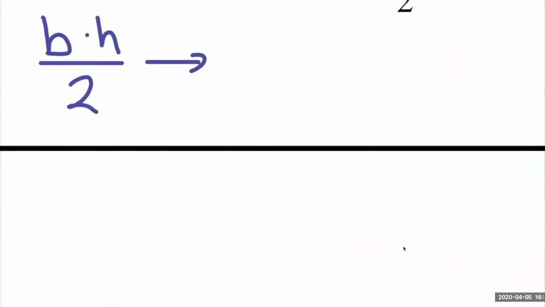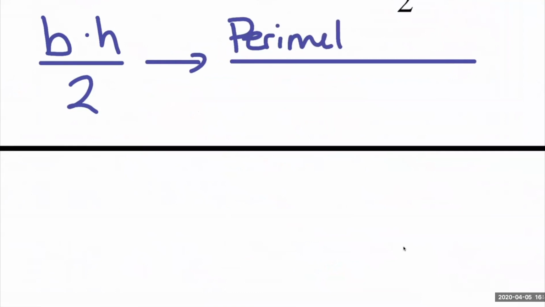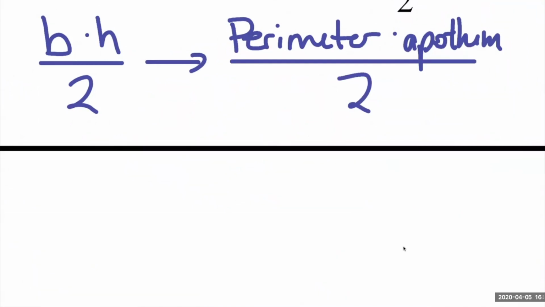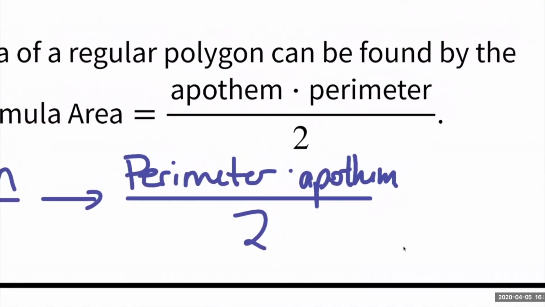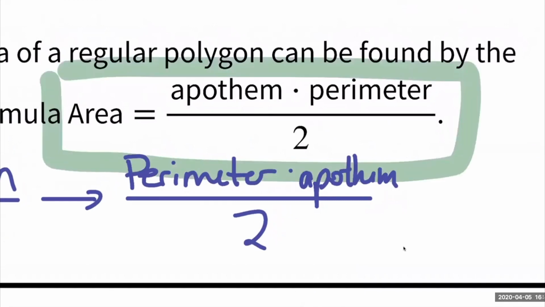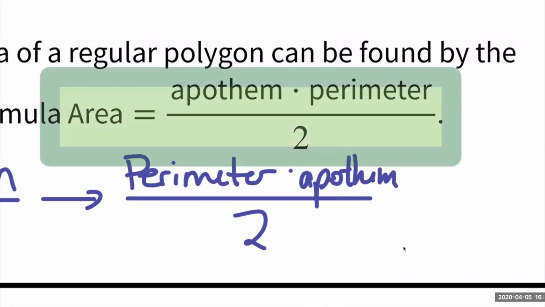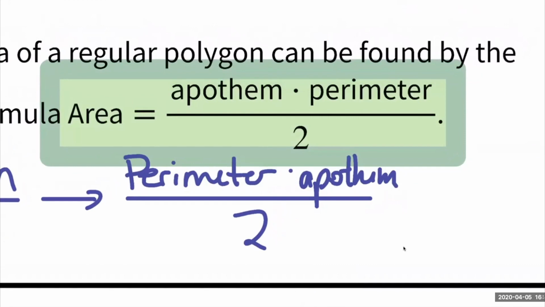But we said that in this particular case, the base of our parallelogram was the perimeter of the pentagon, and the height was the apothem. And in the end, we divide by 2. So that's how we're getting to this area formula, that the area of a regular polygon is equal to the apothem times the perimeter, all divided by 2.